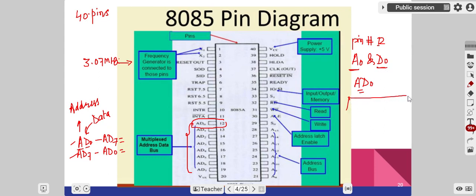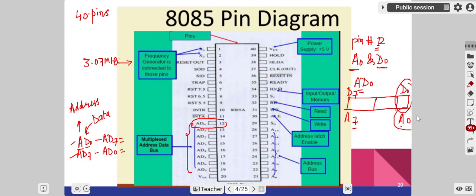So for example, we have D0 to D7 bits here. This D0 is actually pin number 12. On the other hand, we also have A0 to A7, 8 bits of address.